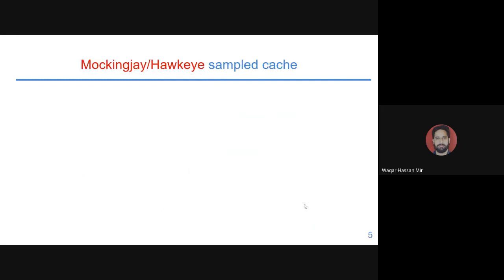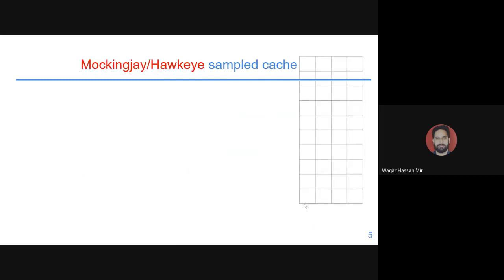So coming back, by keeping this in mind, we'll address this shortly. Now we will go to the sampled cache concept. The concept of a sampled cache was introduced for state-of-the-art cache replacement policies which try to mimic Belady's optimal. There have been replacement policies lately known as Hawkeye and Mockingjay.